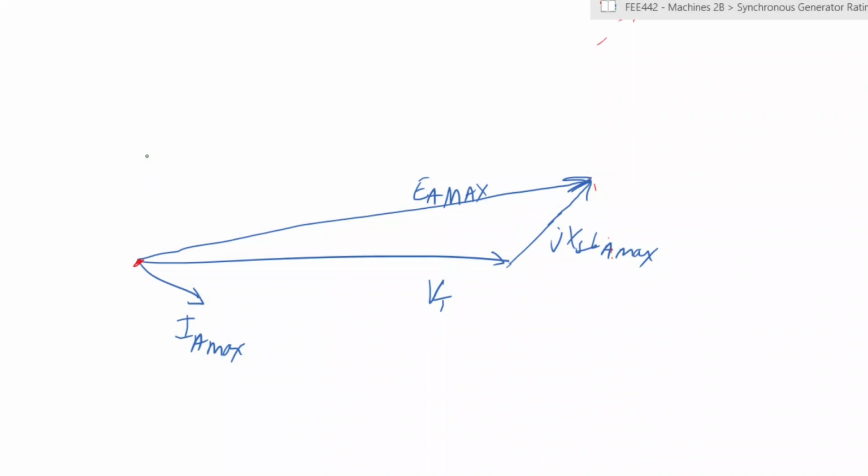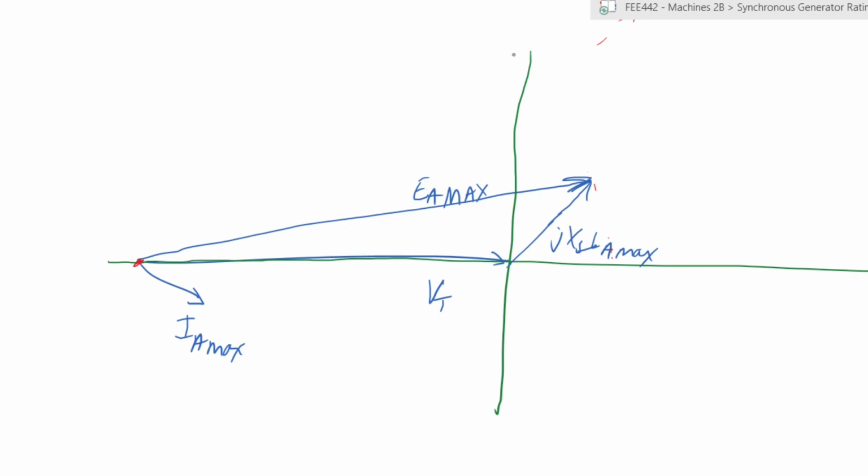So now let's redraw this in order to understand a bit more about the phasor diagram. We will draw a set of axes here. Let's talk about those being in volts. That's also in volts.